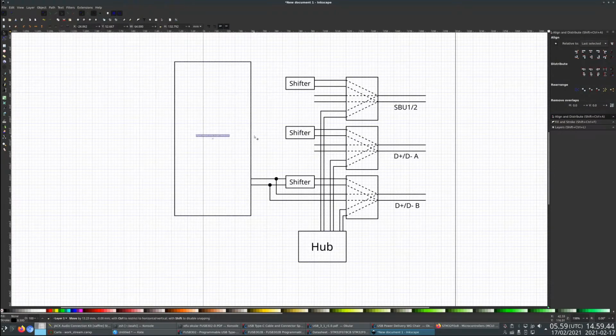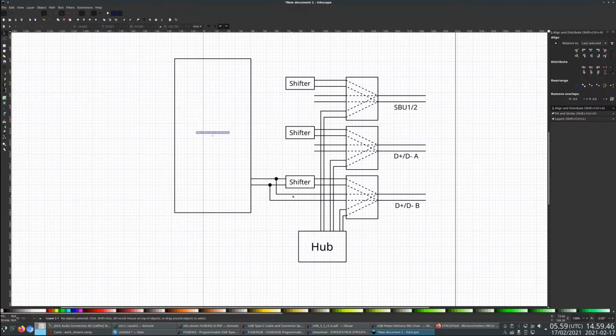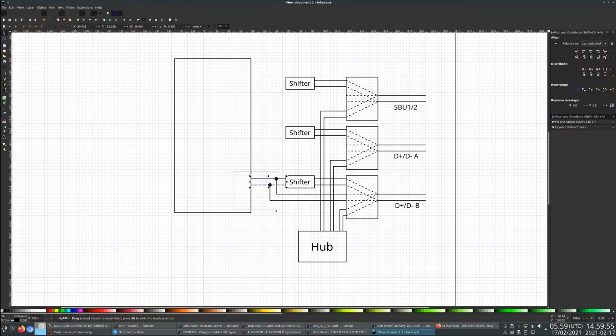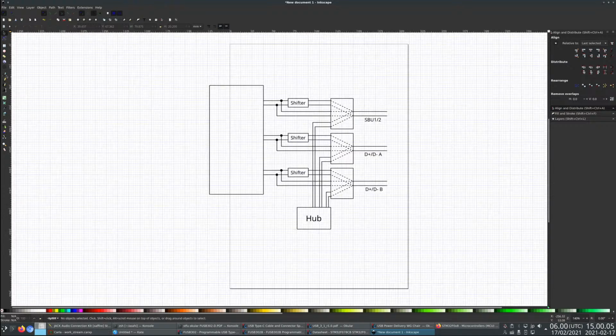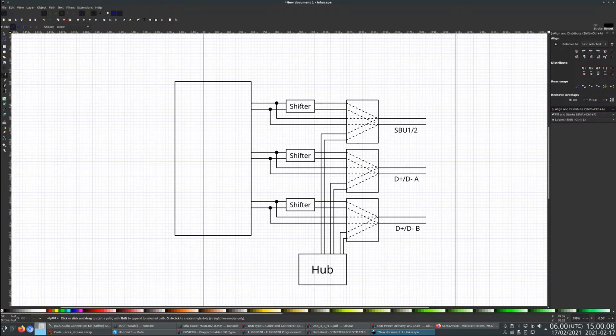And here's our STM32. I can just copy and paste this. And then the shifter is also going to need direction control signals.